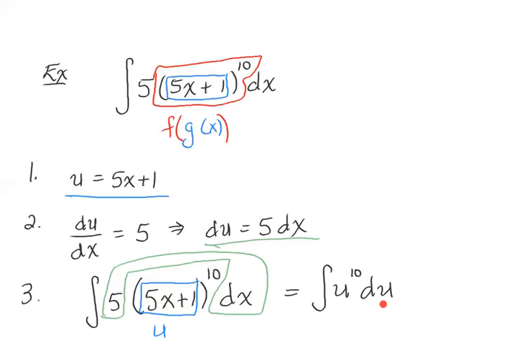So now I can apply that rule. So the integral of u to the 10th du is equal to u to the 10 plus 1, which is 11, times 1 over 11 plus c. So I've applied my rules of anti-differentiation.